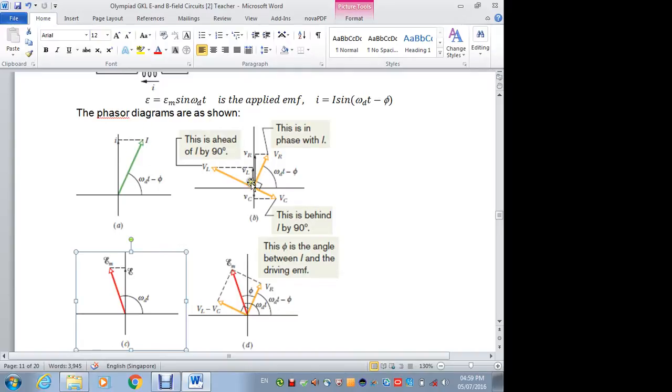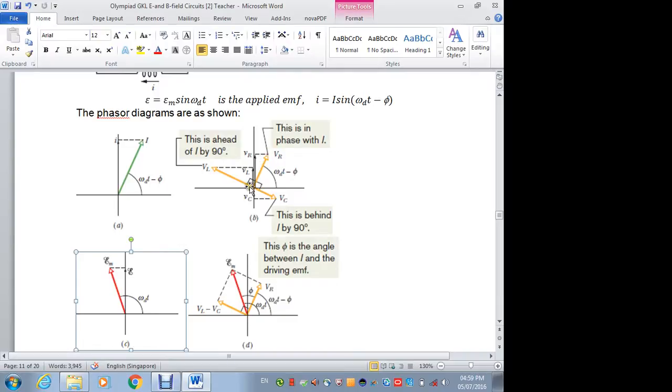Then what is happening is that VL will lead the I. I and VR are always of the same phase, so the current is always in phase with VR.